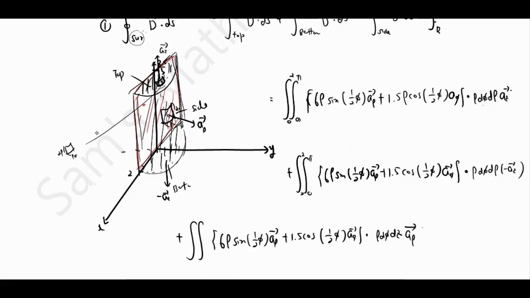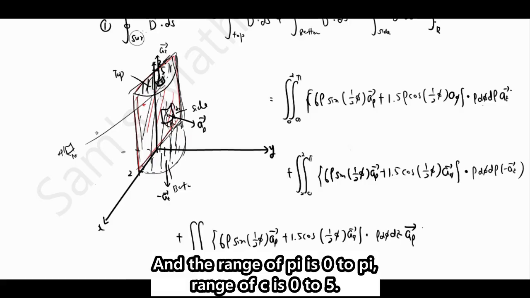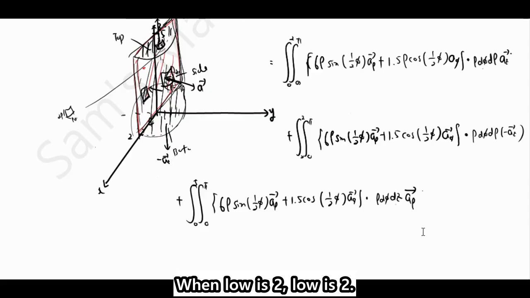The range of phi is 0 to pi. The range of z is 0 to 5, when rho is 2.